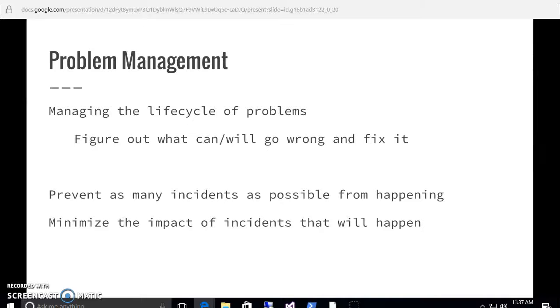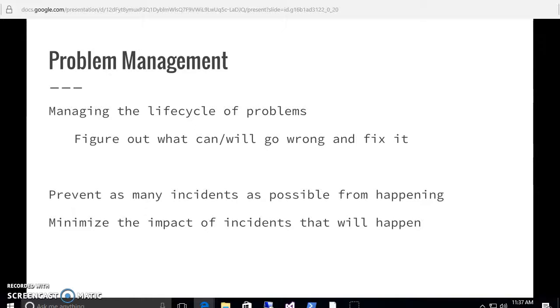There are a few sub-processes in problem management, the first of which is being proactive about problem identification, figuring out those problems before they occur and figuring out how to prevent them. Next is problem categorization and prioritization. So just being able to recognize the problems that you're facing accurately and then being able to prioritize them to focus your time so that you can deliver the best service to those that you're servicing with the process.